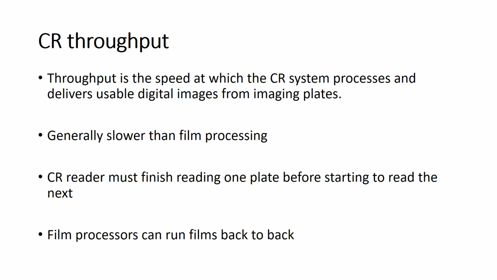Let us discuss some terminology used in the CR system, like CR throughput. Throughput is the speed at which the CR system processes and delivers a usable digital image from the imaging plates. It is generally slower than film processing.